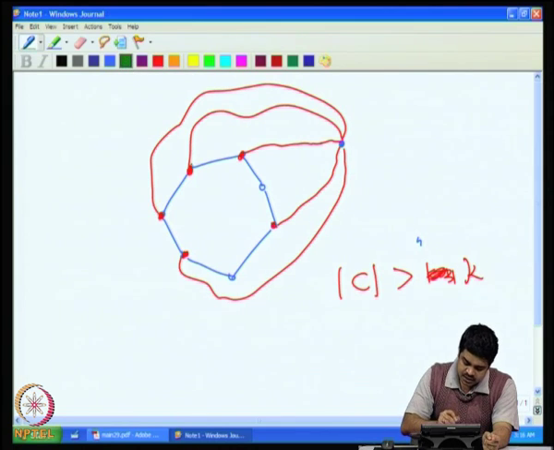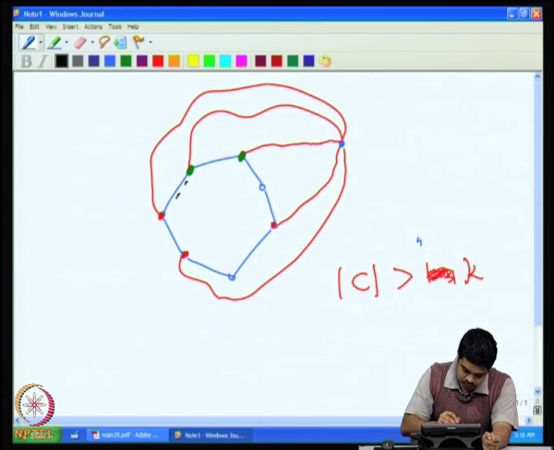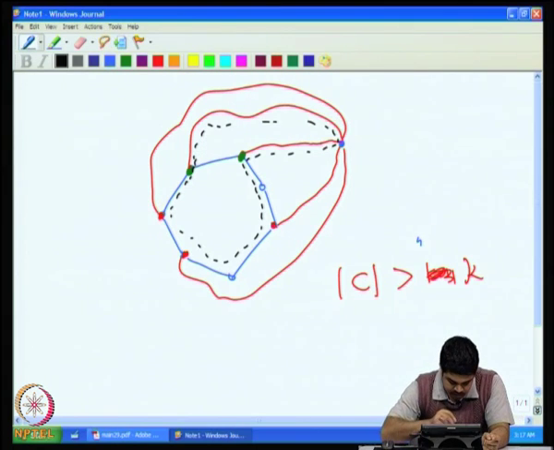Even if you can identify 2 vertices on the cycle which are adjacent in the cycle and 2 fan paths ending at these 2 green vertices, then we can easily see there is a contradiction, because if you travel like this and then go like this and then come back like this, you will get a longer cycle than the blue cycle that we have drawn here.